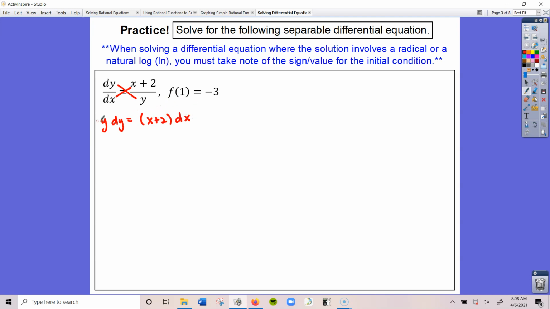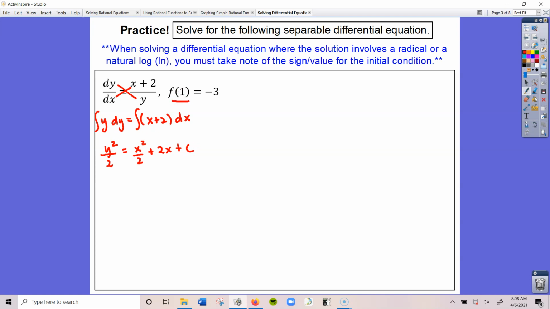And now we're going to integrate. The integral of y would be y squared over 2 is equal to x squared over 2 plus 2x plus c. So again, this is my general solution. I just integrated.